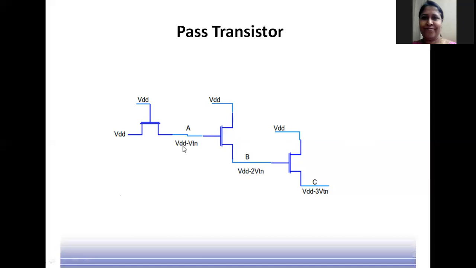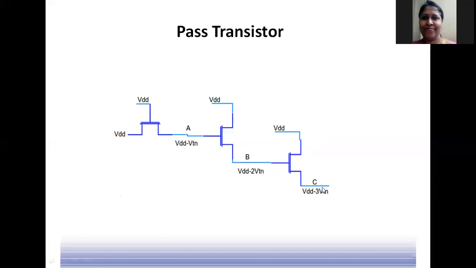What is the gate voltage? VDD minus VTN. What is the threshold voltage of this MOSFET? VTN. So VDD minus VTN minus VTN will be VDD minus 2 VTN. And that is the gate voltage for the third MOSFET. And for this MOSFET, when the drain voltage is VDD, at the source you get voltage equal to VDD minus 2 VT minus VT of this MOSFET, that is VDD minus 3 VT.